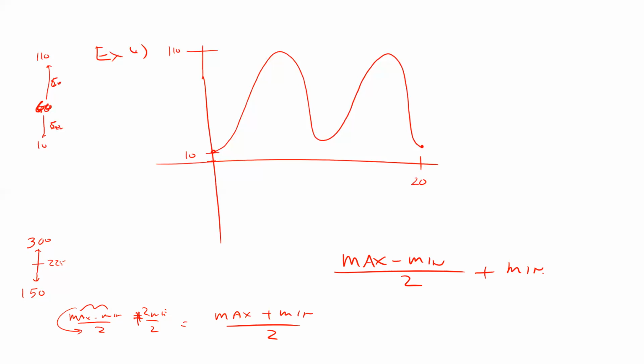So if you put this together and simplify so it's all underneath the same denominator, what happens? You get max minus min plus 2 mins, and that makes maximum plus minimum divided by 2. That's cool. It's the same formula, just the more complicated one or the less complicated one.